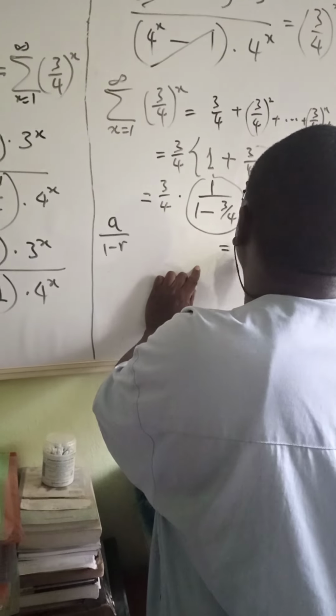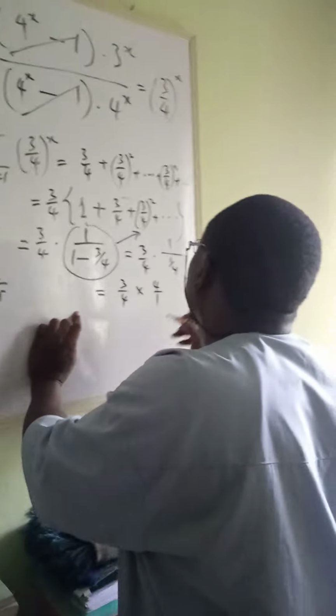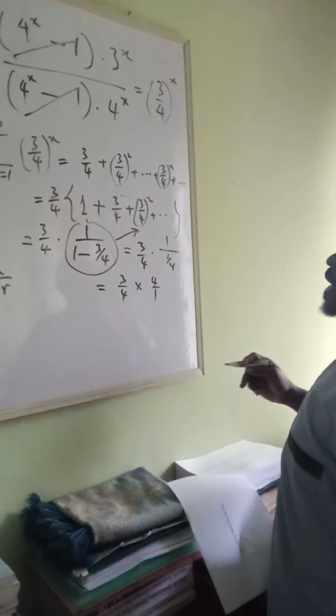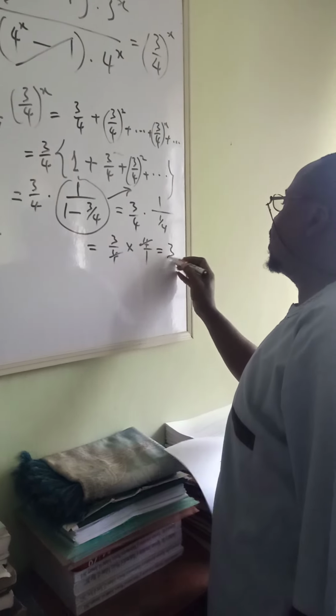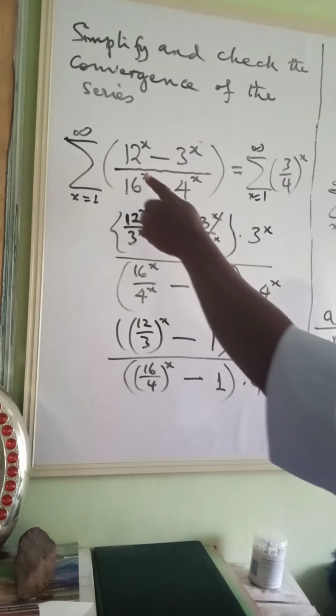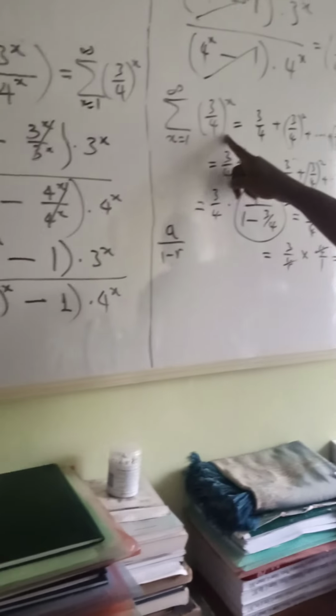And that will be equal to 3 over 4 times 4 over 1. If it's dividing, that will equal, so that this caused this to give us 3. So this series, as scary as it is, is actually solvable. If you simplify it, it becomes this. And if you sum it to infinity, it gives 3.